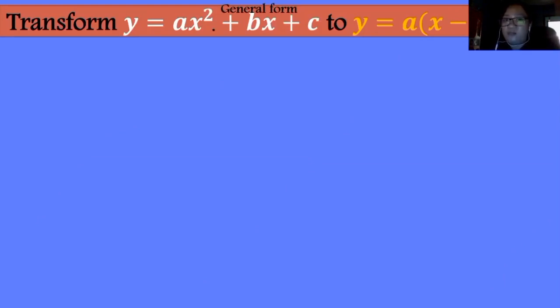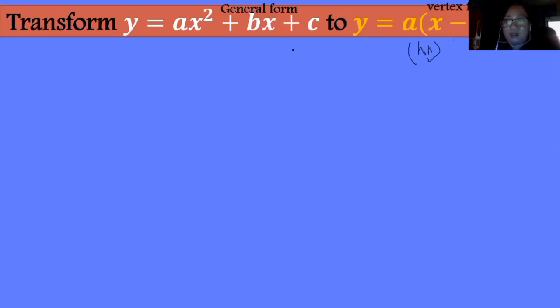We can transform this to y equals a times the quantity x minus h squared plus k. This is called the vertex form. Why is it called a vertex form? Because the values of h and k in this equation are the vertex. That is why it is a vertex form.